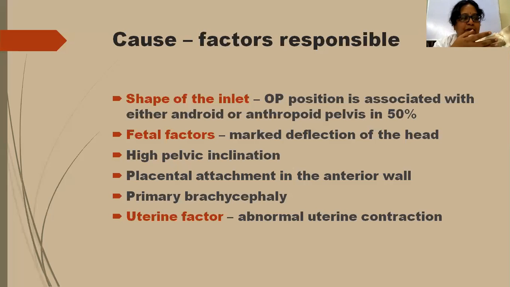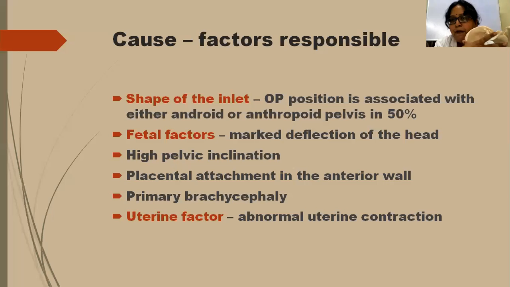The android pelvis is almost oval shaped, the anthropoid pelvis is slightly oval, and the gynecoid pelvis is like this. This is the transverse diameter of the pelvic inlet, which is reduced in both of these pelvises.